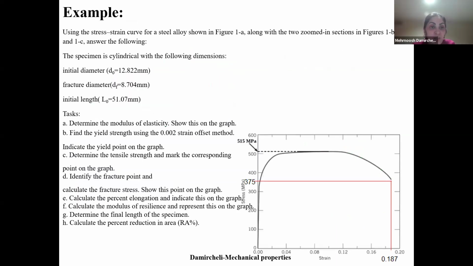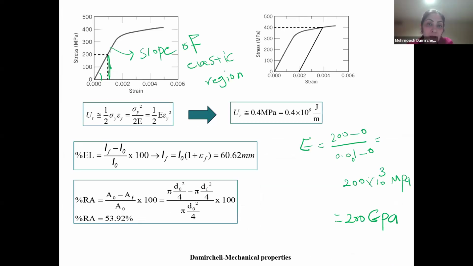The next part, find the yield strength using the offset method. For the yield point, I told you that we consider an offset of 0.002 strain for all points and draw a line parallel to the linear part. This means the slope of this line is 200 gigapascal. They intersect the graph at this point.